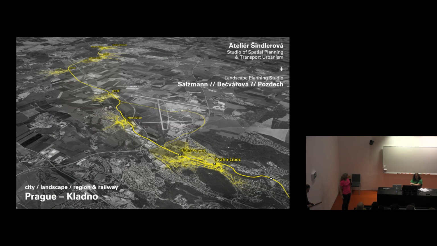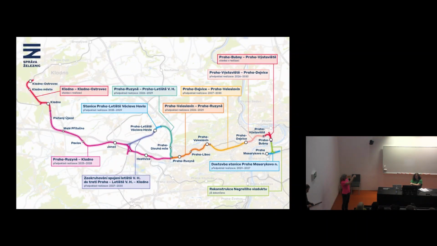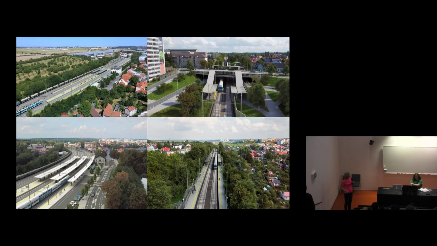So this is one of the assignments. The railway connection exists, but it should be modernized and developed into a high-speed railway. Those are the visualizations of the railway as it is, but without a solution for the impact on the cities and the urban structure. So this is one of our assignments for the semester.